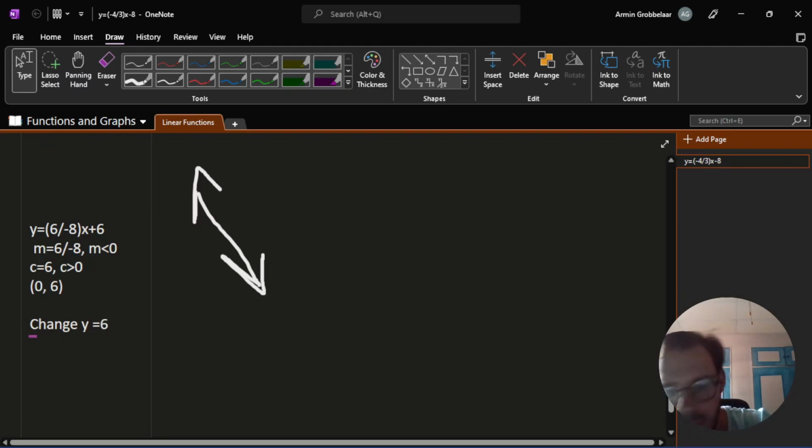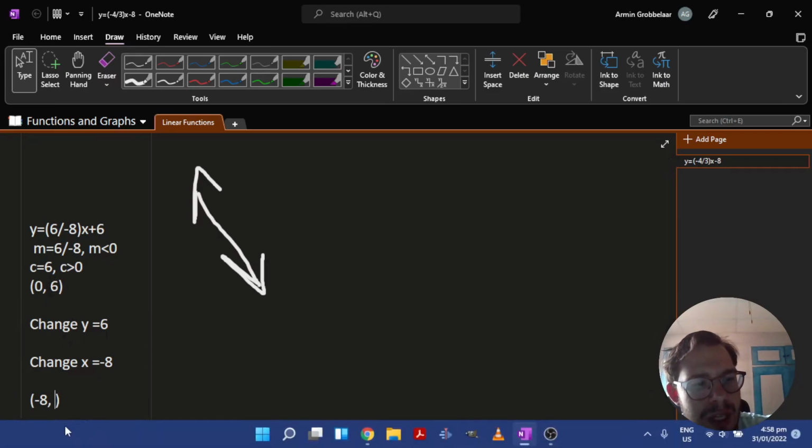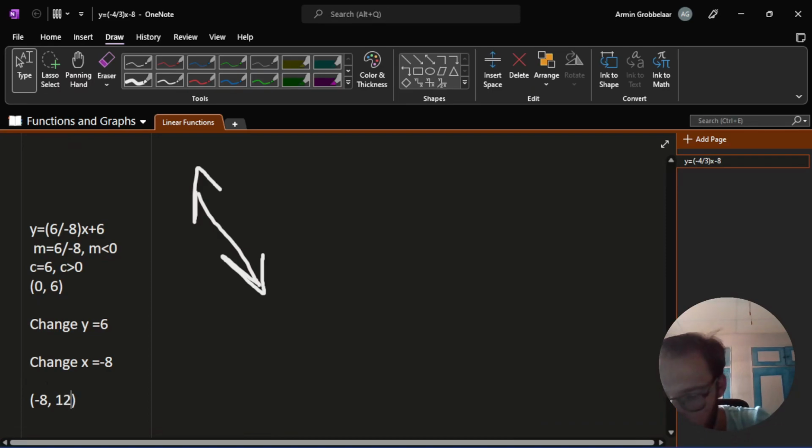and you can see here the change in y is equal to 6, and the change in x is equal to minus 8. So now to get our second point, we say, okay, the change in x is minus 8, so 0 minus 8 is minus 8, and the change in y is 6, so 6 plus 6 is 12.